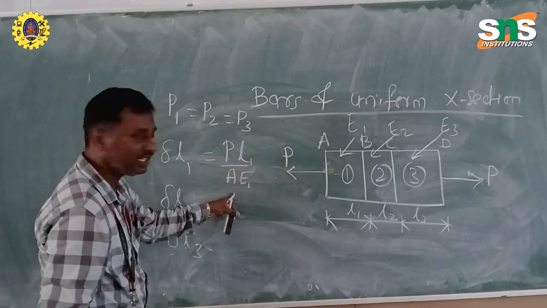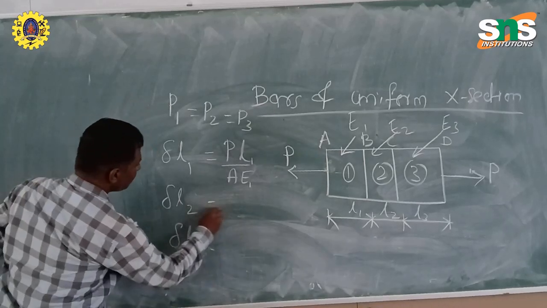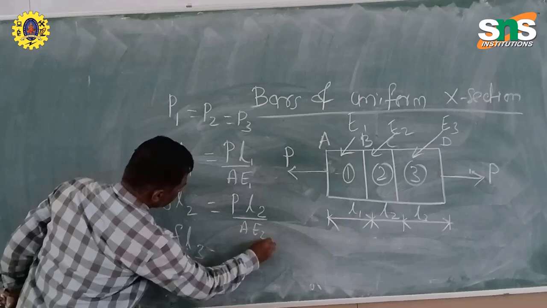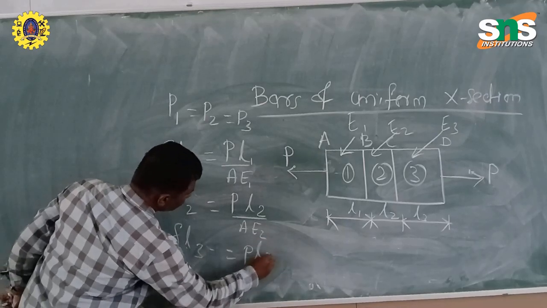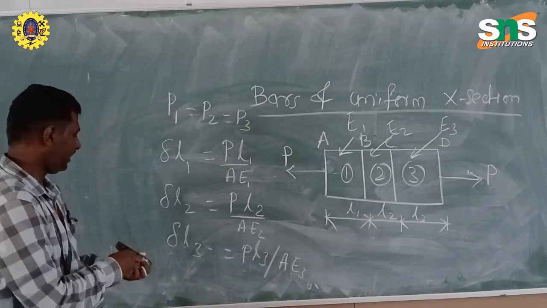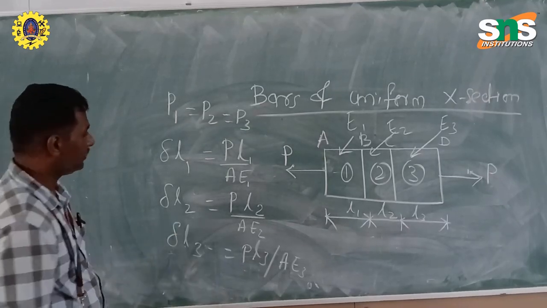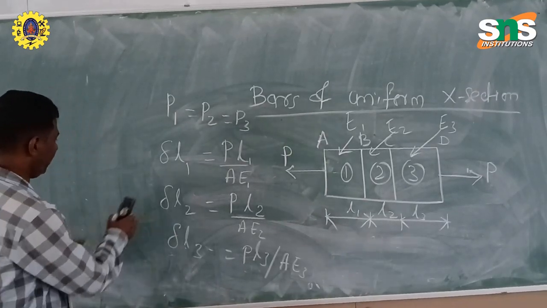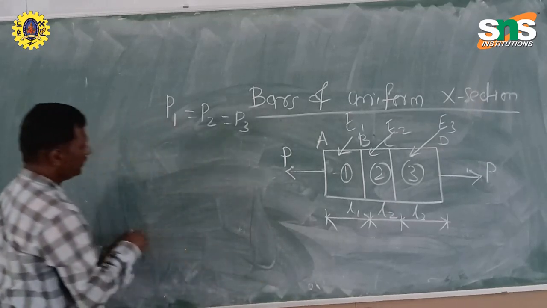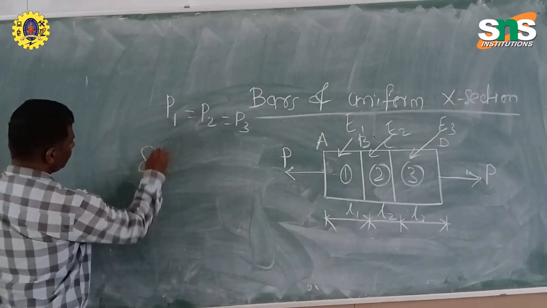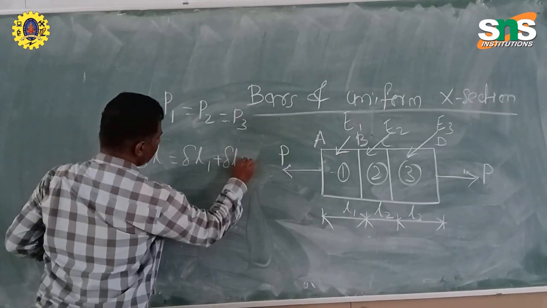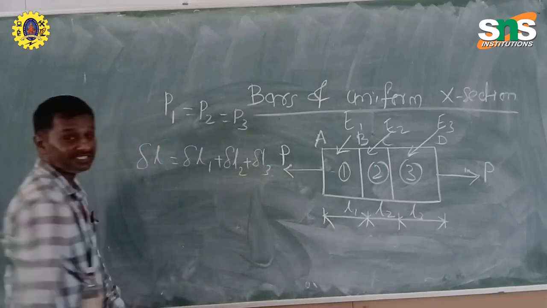So PL1 by AE1. Like that, PL2 by AE2, and PL3 by AE3. Finally, what is the total elongation? Total elongation is equal to delta L1 plus delta L2 plus delta L3. You have to sum up all these.